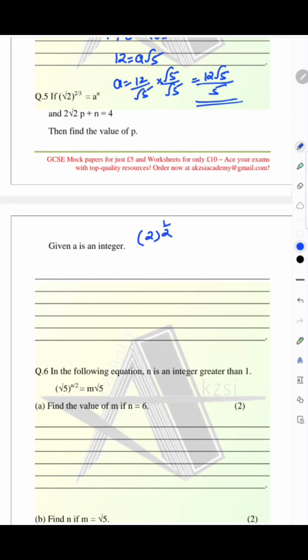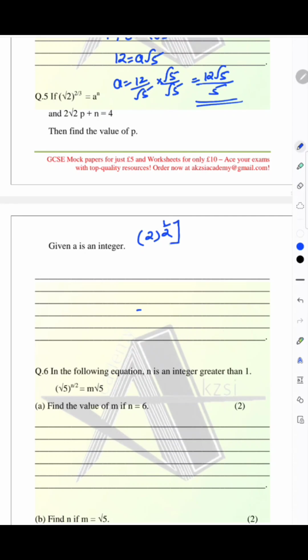Root 2 means 2 to the power of half. Cube root means 2 to the power of 1 over 3. Fourth root of 2 is 2 to the power of 1 over 4, and so on.